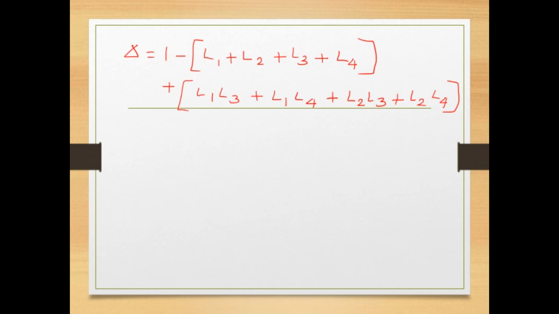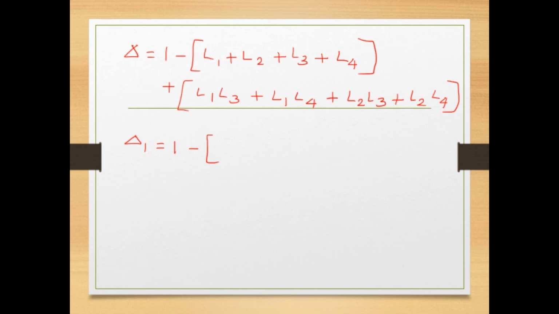So now what is delta 1? Delta 1 is obtained by considering all the loops which do not touch path 1. If we see our signal flow graph, it is clear that loops L3 and L4 do not touch the first path.